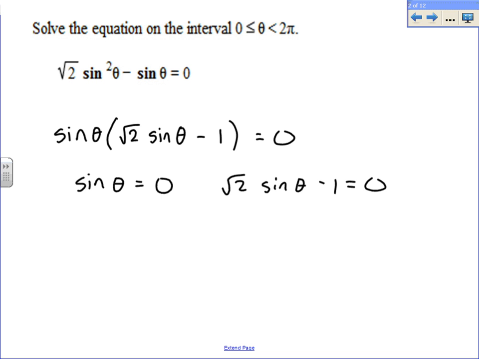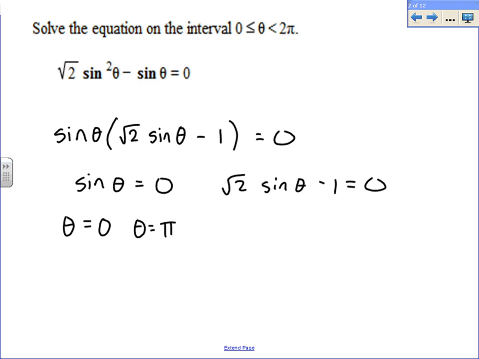Now, that first one is fairly simple. So where is sine 0? The sine would be 0 at 0, and the sine would also be 0 at pi. I can look those up on my unit circle.